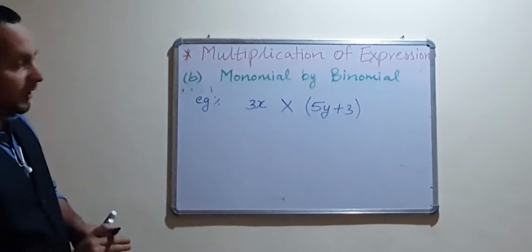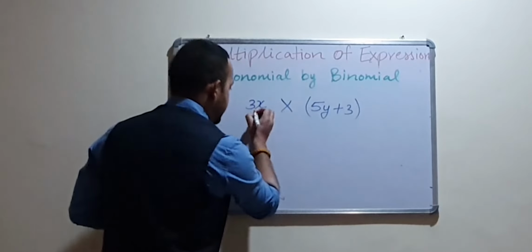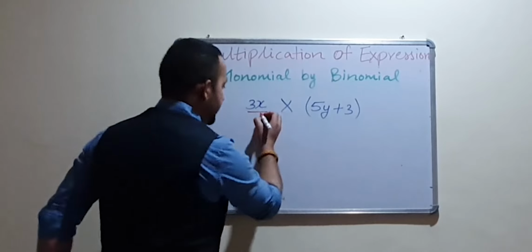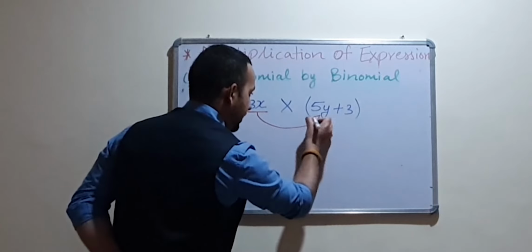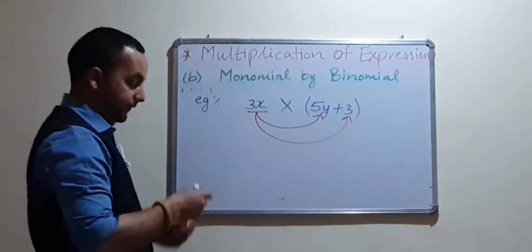Now it's similar to the distributive property. So what we will do, 3x will first multiply with the 5y, and then after that it will multiply with the 3 itself.